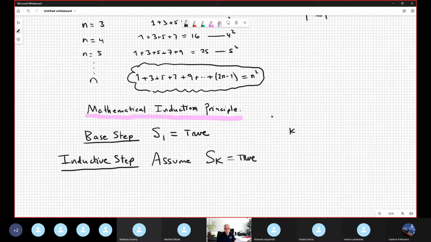Well, k is a number between 1 and n. Suppose I did n equals 5 here. You assume k arbitrary, not a specific number. This is very important. Under this assumption, you will be able to prove that A sub k plus 1 is true.